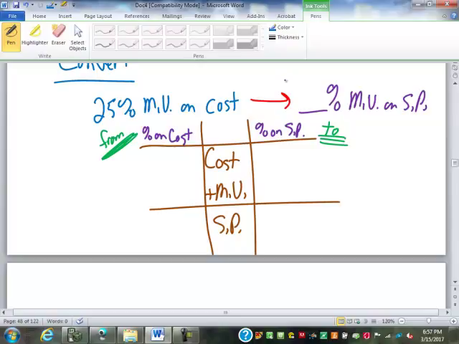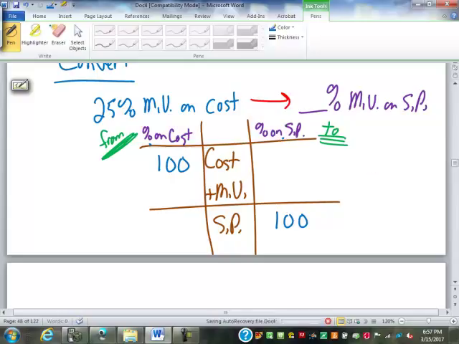Now, before I even look at the percent that's given in the problem, there are two numbers I can fill in this table. If the percent is based on cost, the 100 goes with the cost. If the percent is based on the selling price, the 100 goes on the selling price.